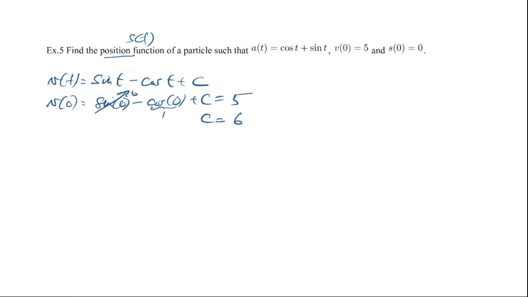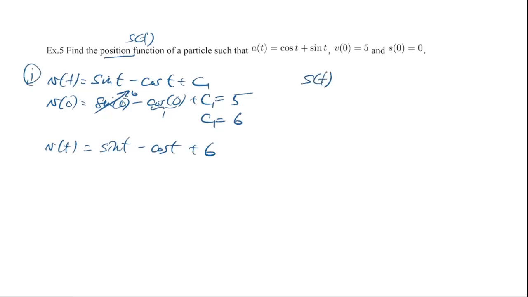And we're going to put another c, so it could get a little confusing. So you can put a little subscript, right? Or you could call the next one d if you prefer. That's completely up to you. As long as you're consistent, I think this is fine. So we know that the v of t, therefore, has to be sine of t minus cosine of t plus 6.